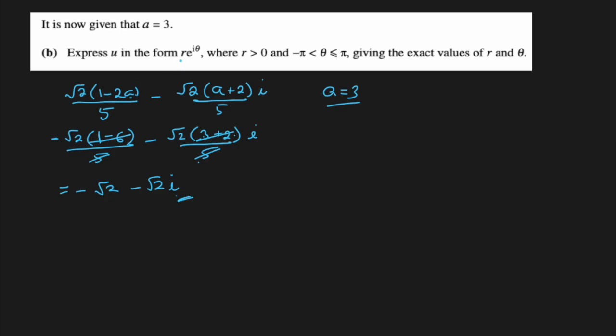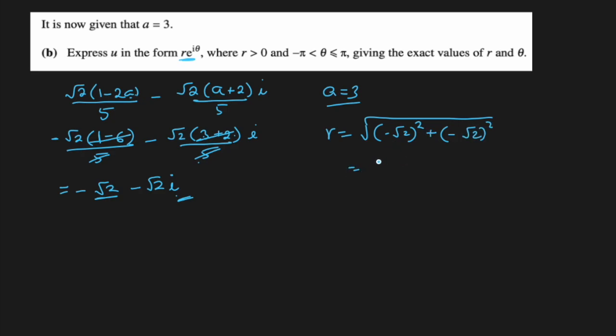But we have to put it in this format. That means first we have to find modulus r. r is the square root of the square of the real part, which is minus square root 2, plus the square of the imaginary part.